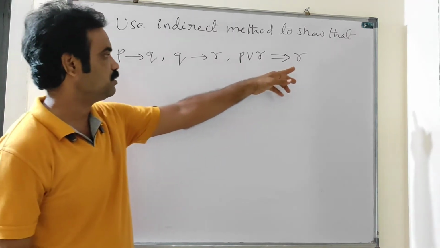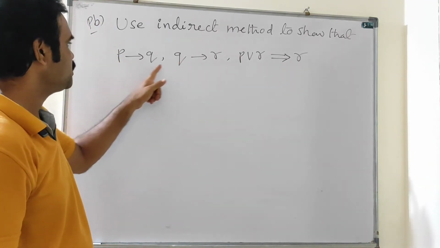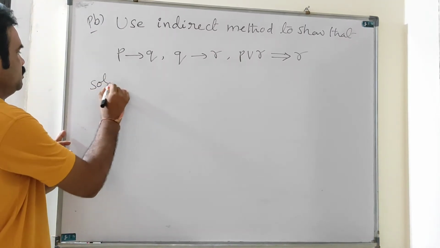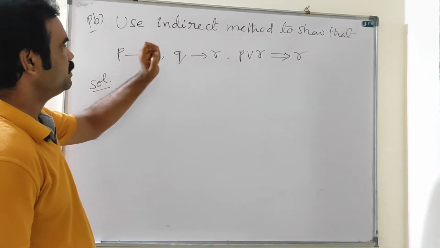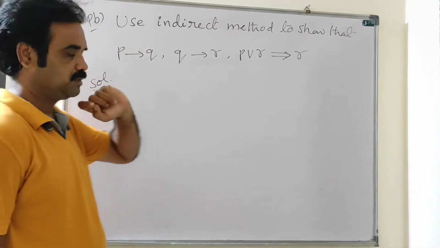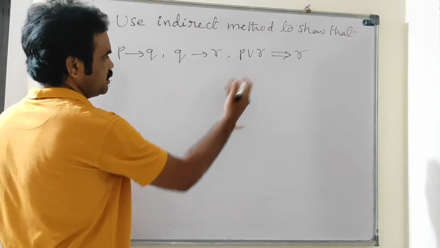Here R is the conclusion from the premises P implies Q, Q implies R, P or R. Okay. See the solution. We are using the indirect method here. For this, we assume that the conclusion is false and take negation R as an additional premise.